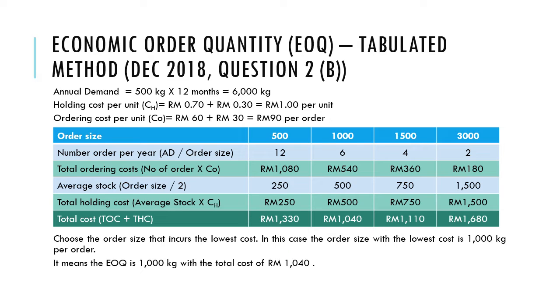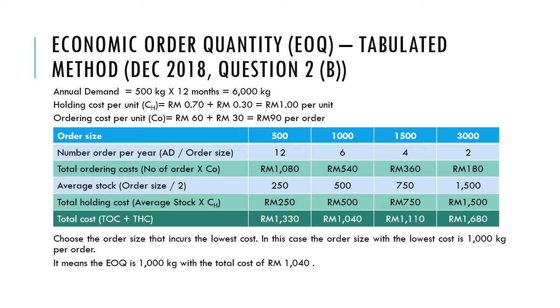So what we can do is make an estimation by calculating the average stock. Let's say I order 500 units. The average stock will only be 250, which is 500 divided by 2. Then 500, 750 kilograms and 1,500. So I can calculate the holding cost by 250 kilograms times 1 ringgit. My total holding cost is 250 ringgit.